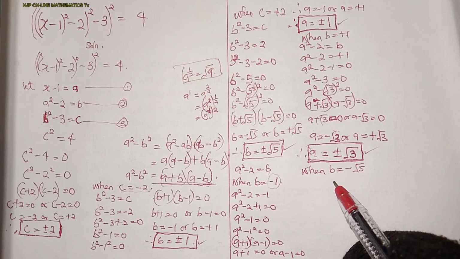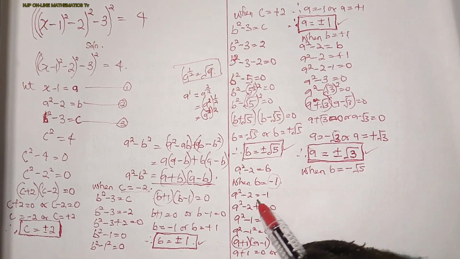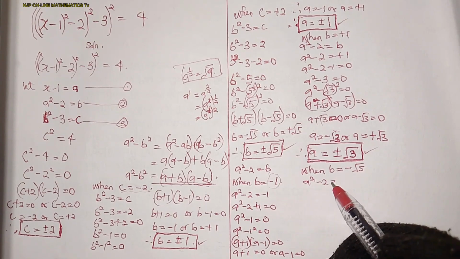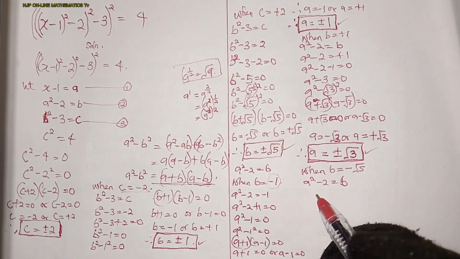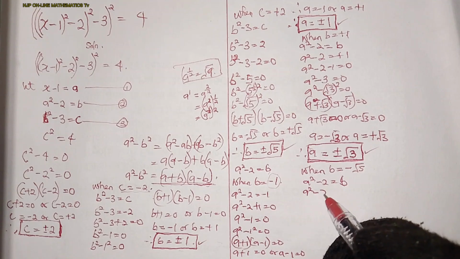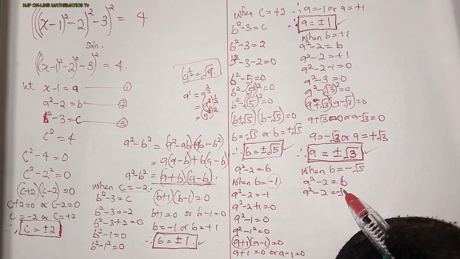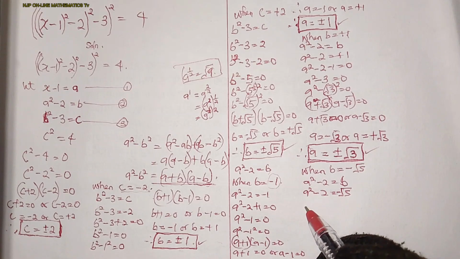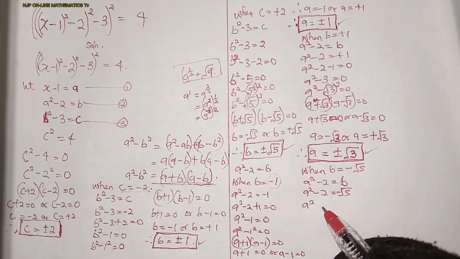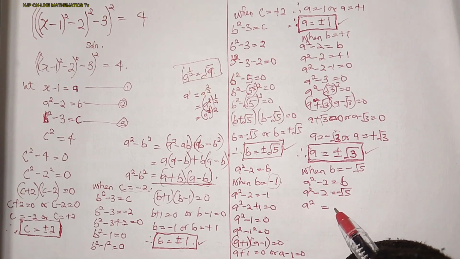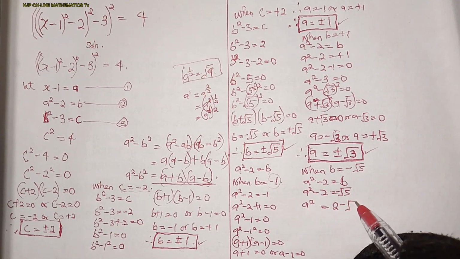If we now substitute when b equals a negative root 5 into the equation, a square minus 2 equals b, then a square minus 2 equals negative root 5. And a square equals, we have to take this to the other side, and we are having 2 minus root 5.